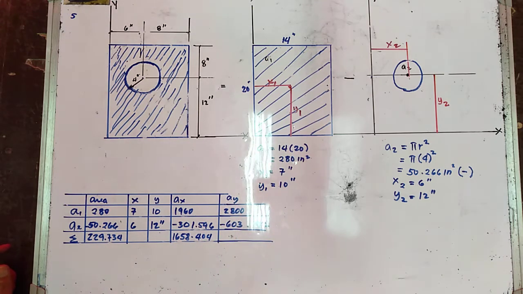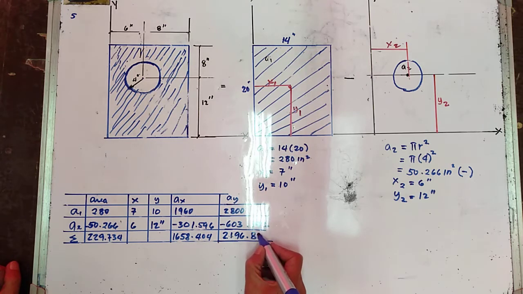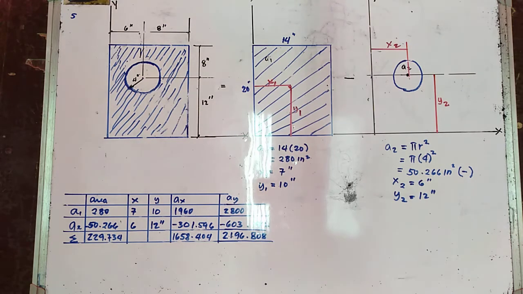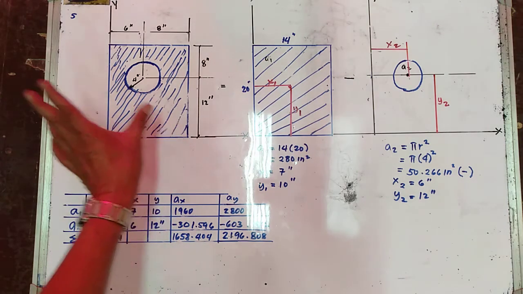And 2800 minus 603.192, so we have 2196.808.